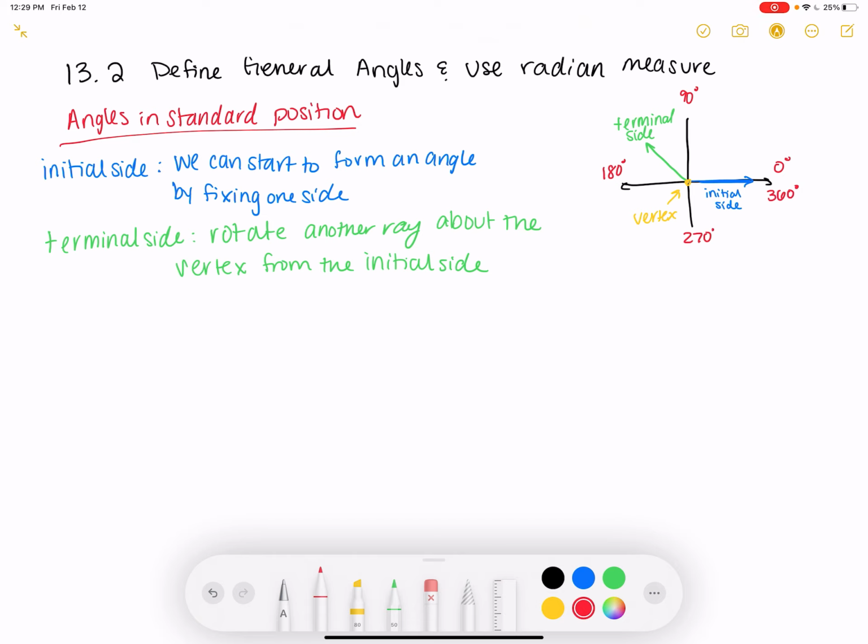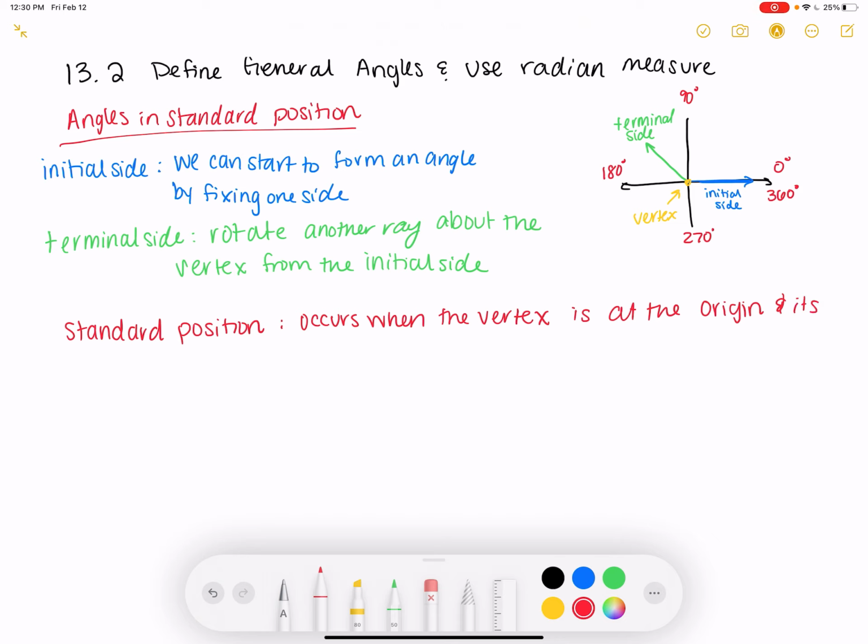Okay, and then lastly, the definition for this little part here is going to be standard position. And this occurs when the vertex is at the origin and its initial side lies on the positive x-axis.